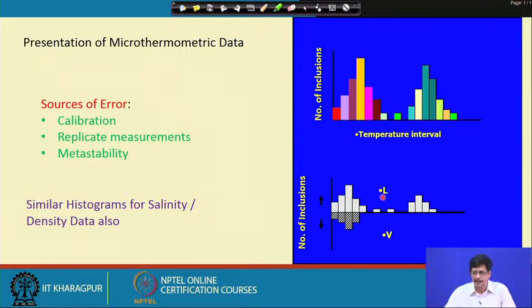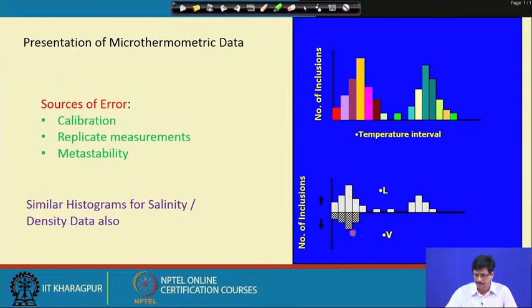Sometimes we have aqueous biphase inclusions which are both liquid rich and vapor rich, and we also get situations where the vapor rich inclusions homogenize into the vapor state. Their data can be presented in this way, so that it gives us an idea that there are aqueous inclusions which homogenized in both modes.